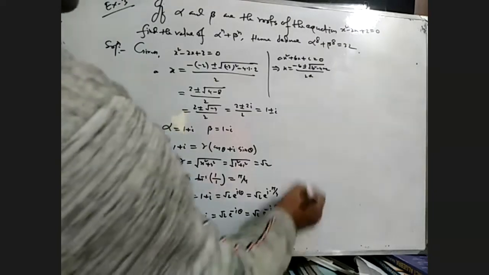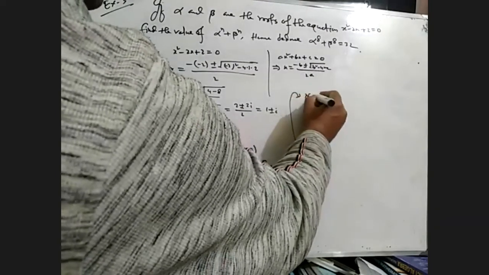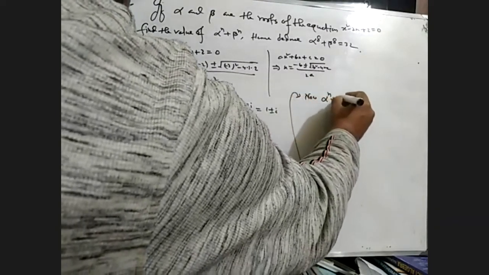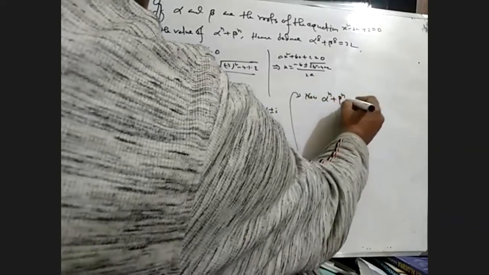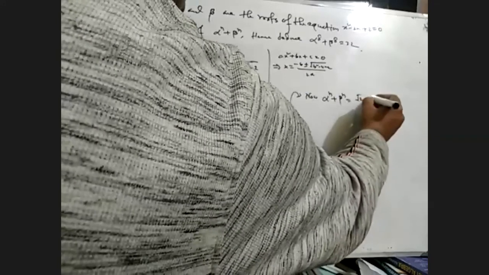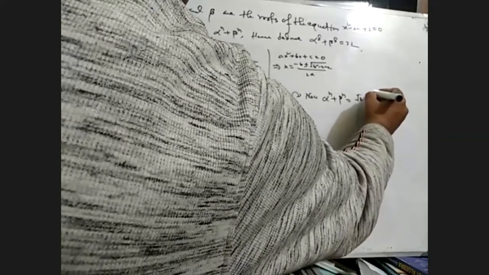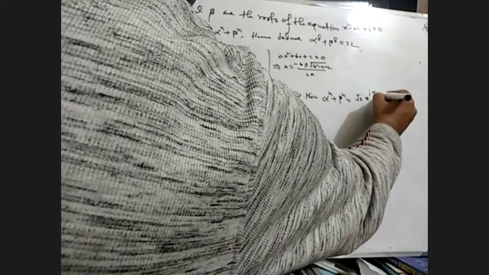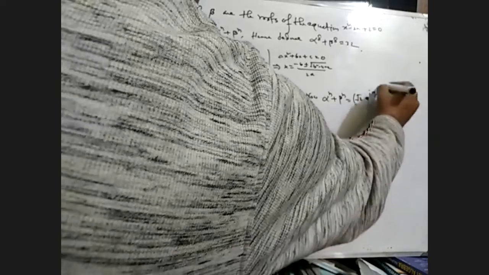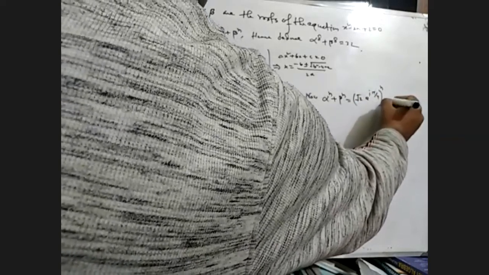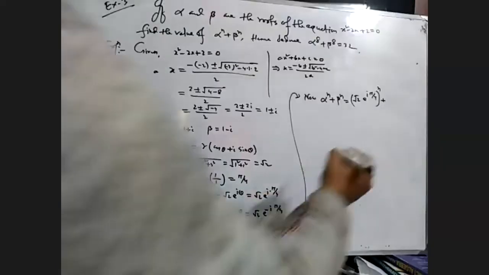Now alpha to the power n plus beta to the power n will be: alpha equals to root over 2 e to the power i pi by 4, whole to the power n, plus beta equals to root over 2 e to the power minus i pi by 4, whole to the power n.